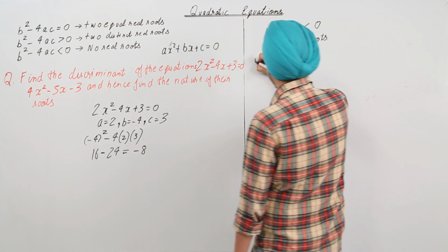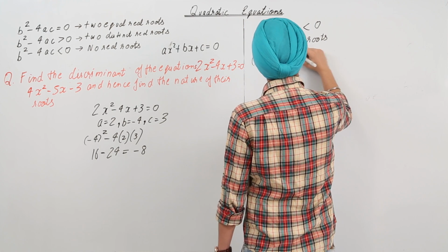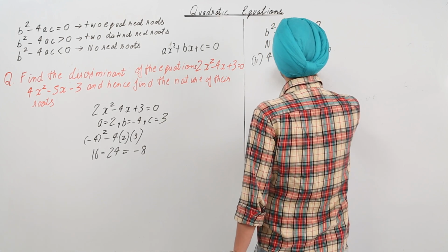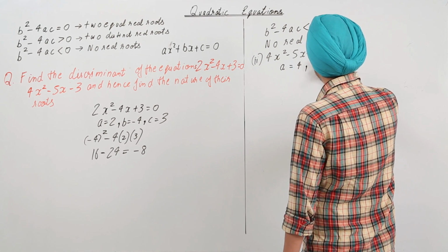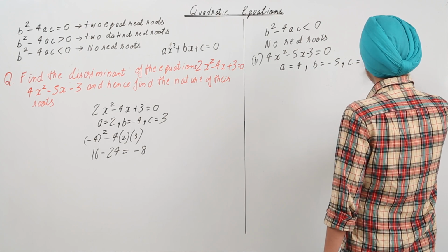Now coming on to the second part, we have 4x square minus 5x minus 3 equal to 0. So we have a equal to 4, b equal to minus 5 and c equal to minus 3.